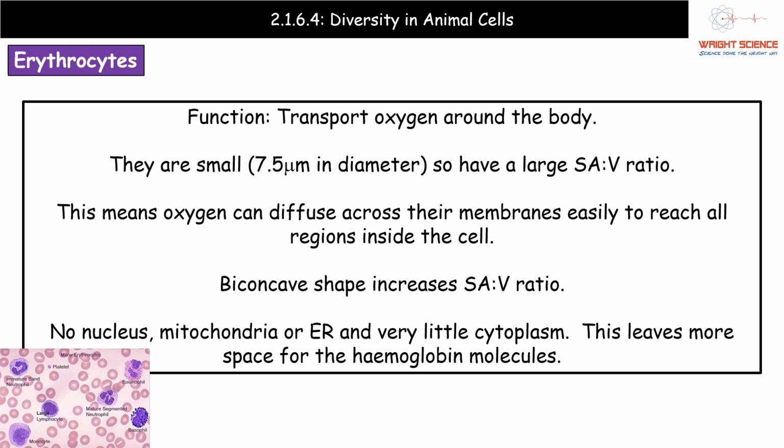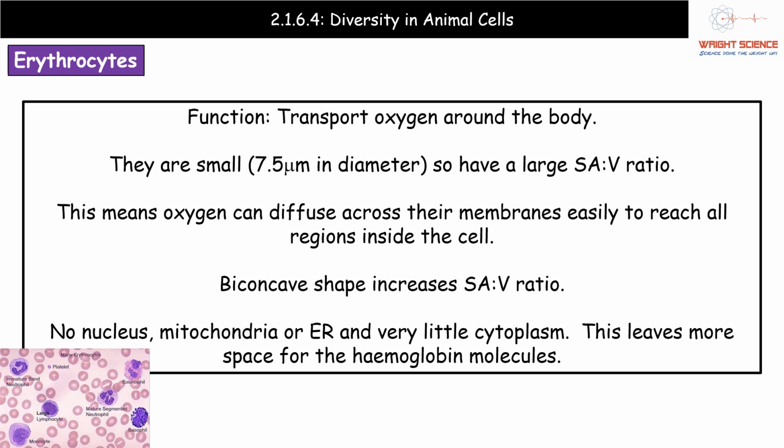We also have the key shape, if you like, this very distinctive shape of the erythrocyte, a biconcave disc shape. And the reason it's got this biconcave disc shape is to increase that surface area to volume ratio. If we think about the specializations that are happening inside the cell, then there's no nucleus, mitochondria or endoplasmic reticulum, and very little cytoplasm.